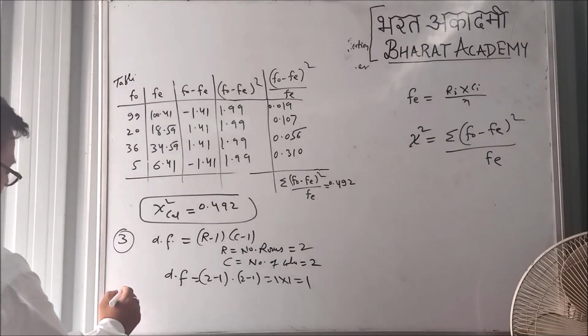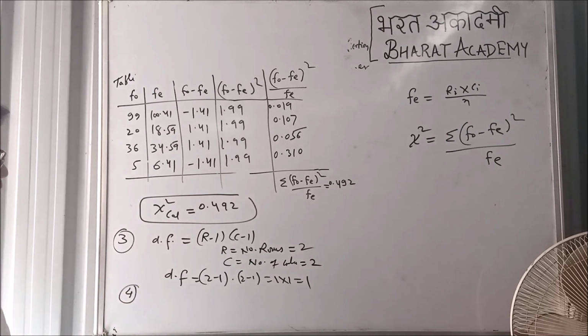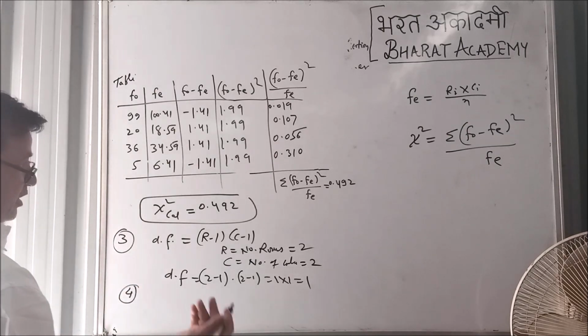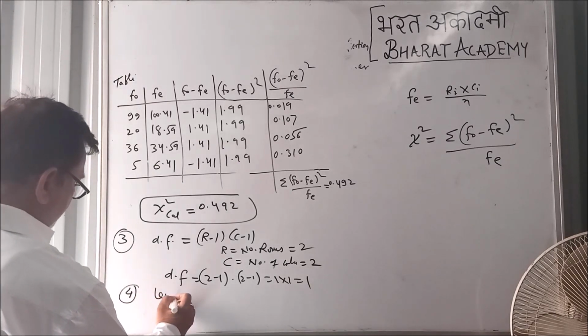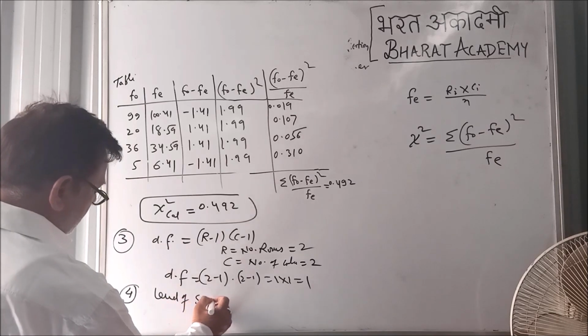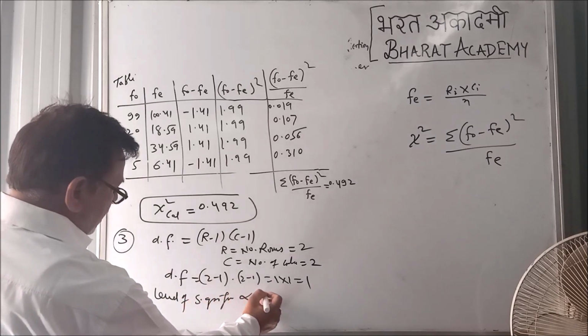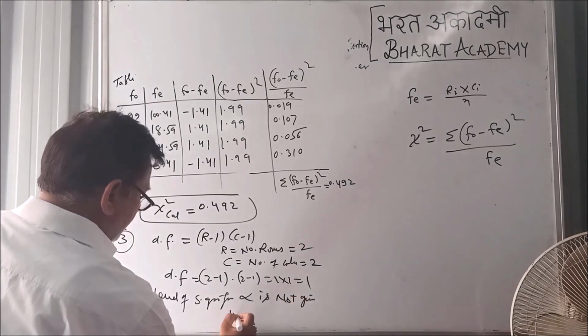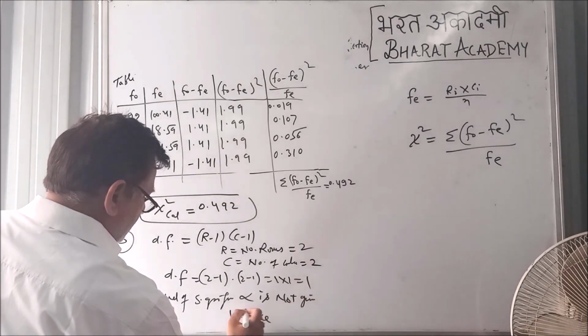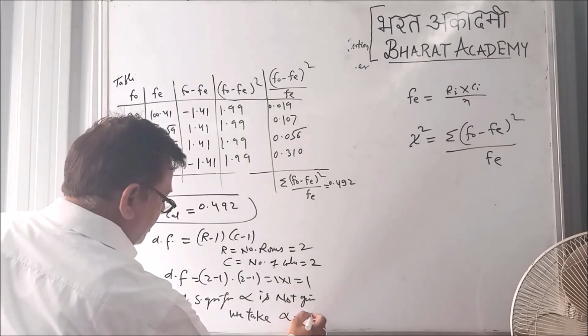Now again, level of significance is not mentioned. If the level of significance is not mentioned, generally we take alpha equal to 5%. Alpha is not given, so we take alpha equal to 5%.